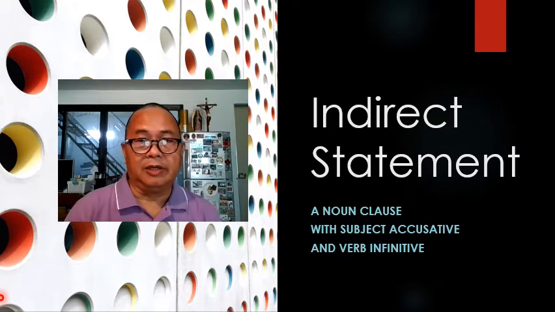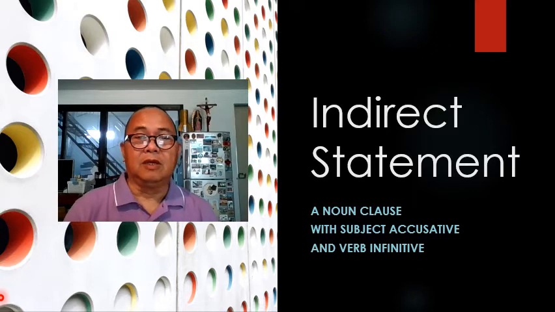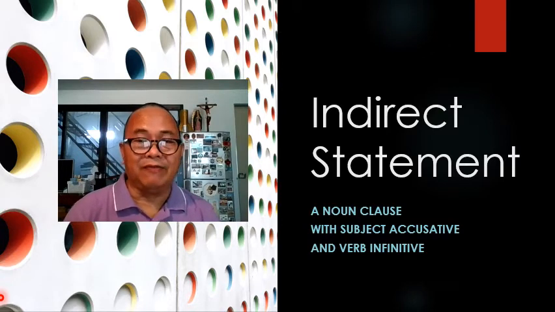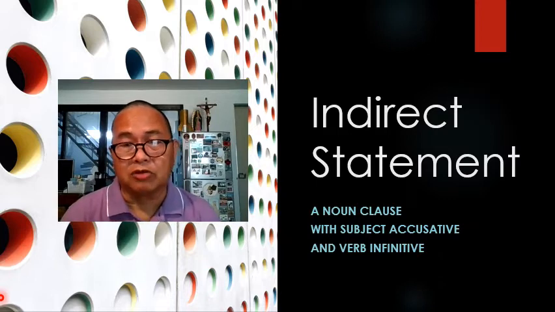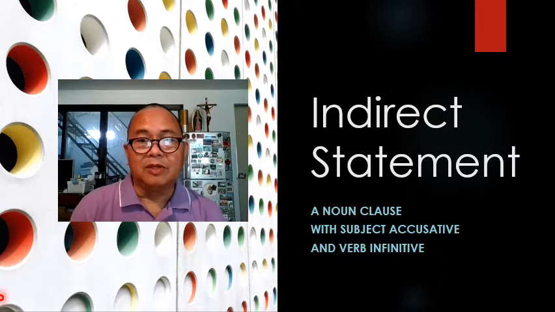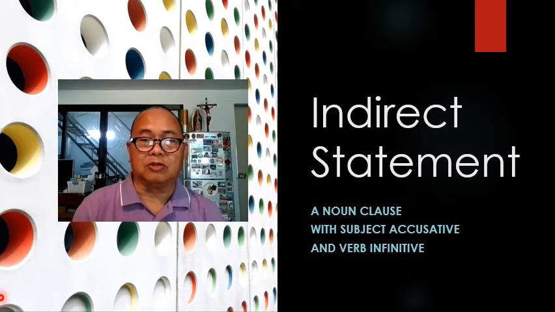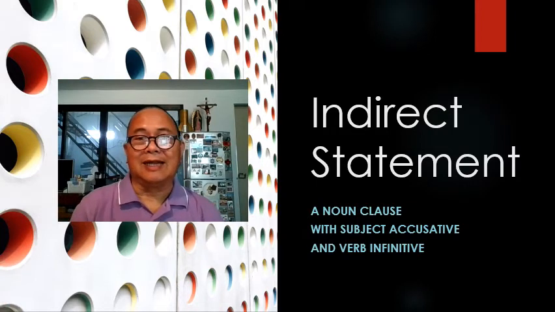Generally, in English grammar, there are three different kinds of subordinate clauses. We have noun clauses, adjective clauses, and adverbial clauses. In the previous lesson, we studied the relative clause, which is an example of an adjective clause. This time, we shall be studying the indirect statement, which is a noun clause, and we will have to study its unique characteristics.